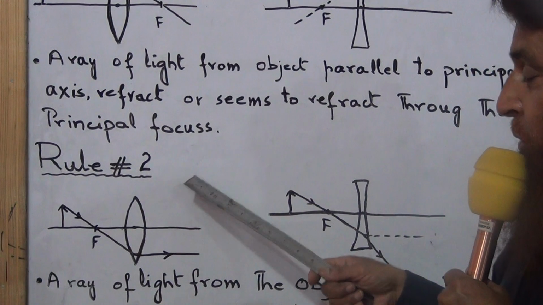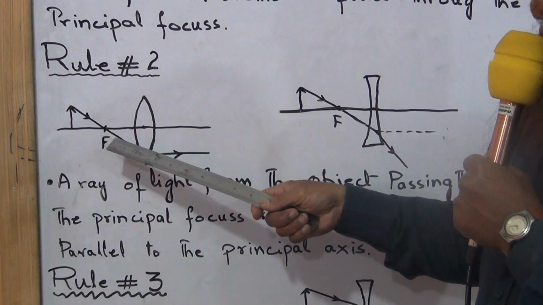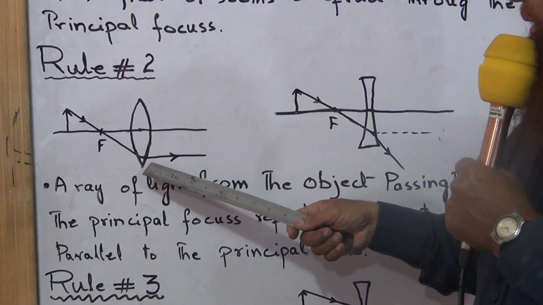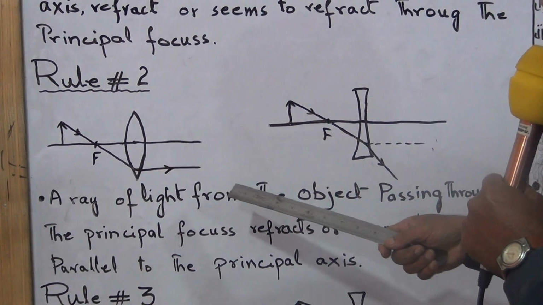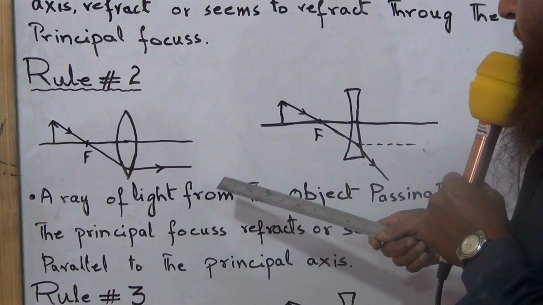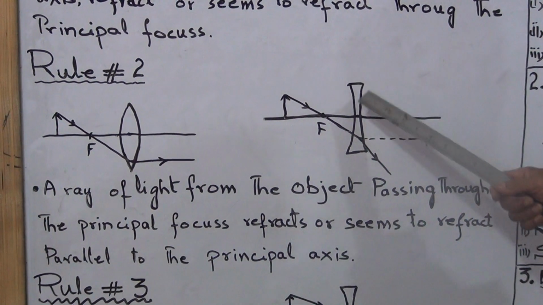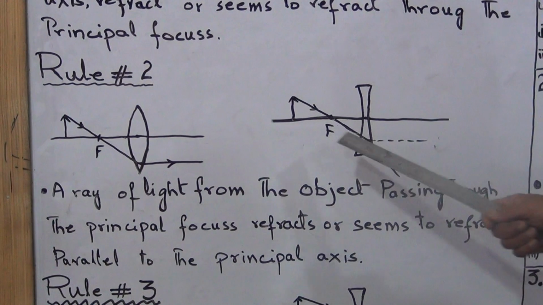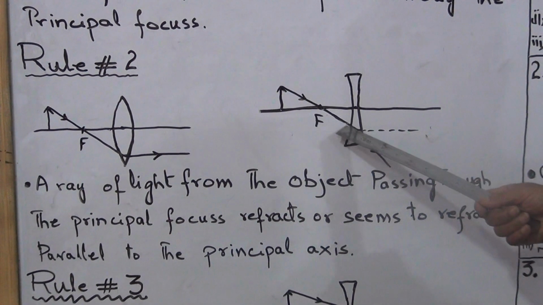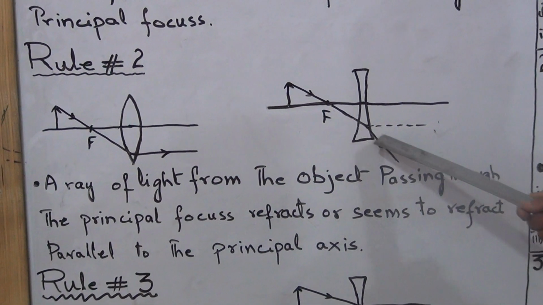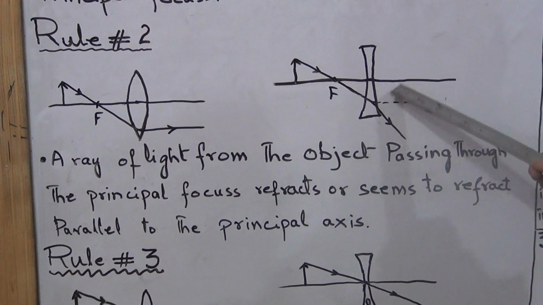Rule number two, a ray of light from the object coming through the principal focus enters into the lens and refracts back parallel to the principal axis. In case of concave lens, a ray of light coming through the principal focus is scattered but seems to refract parallel to the principal axis.